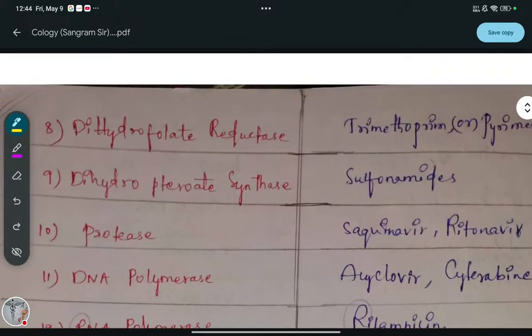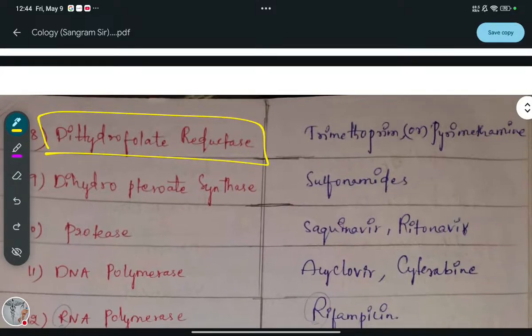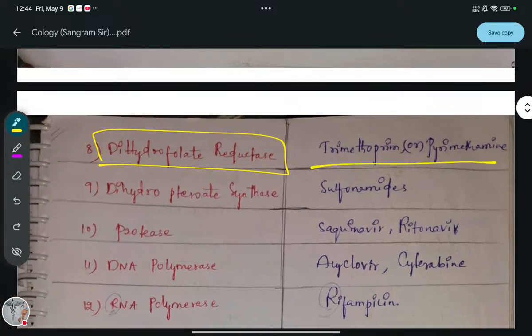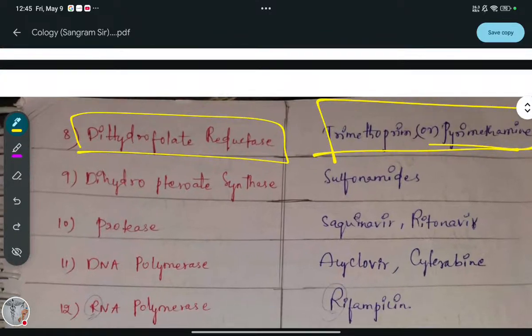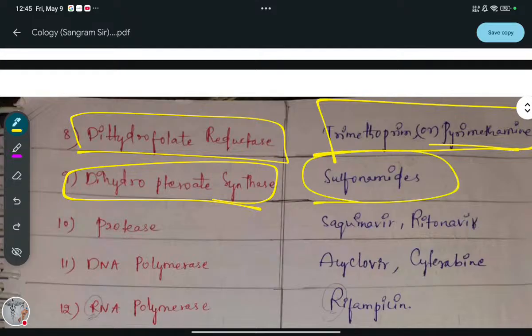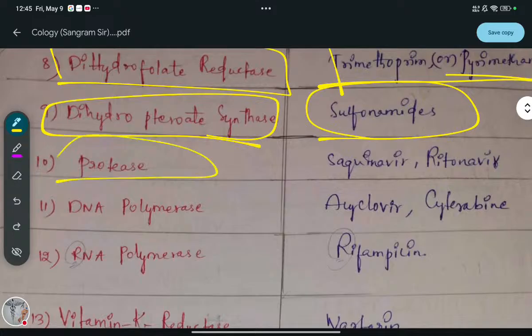Next, dihydrofolate reductase is an enzyme which is blocked by trimethoprim and pyrimethamine. Next, dihydropteroate synthase is inhibited by sulfonamides. Next, protease is inhibited by saquinavir and ritonavir.